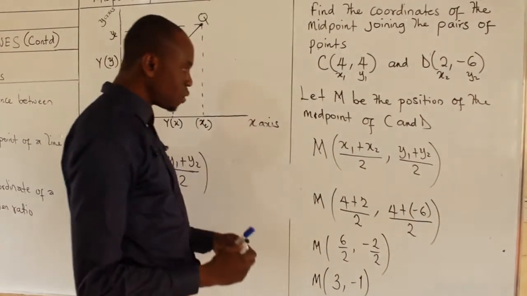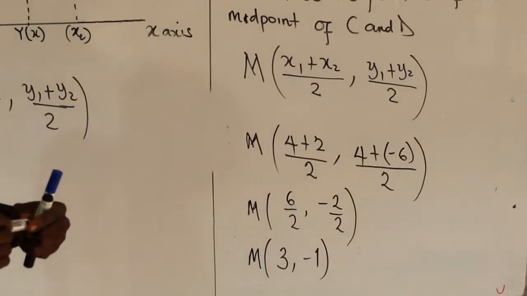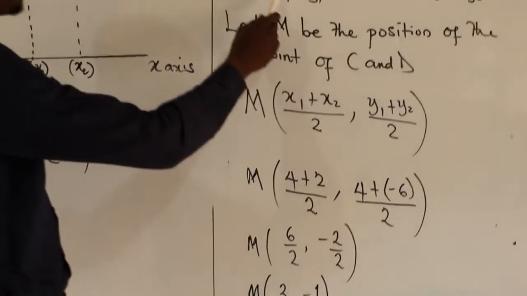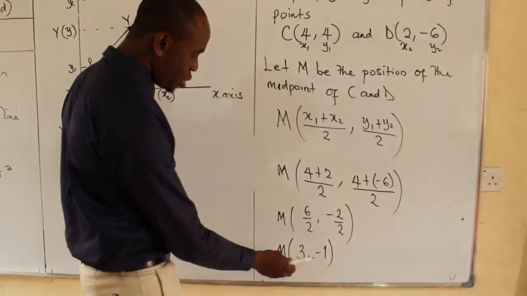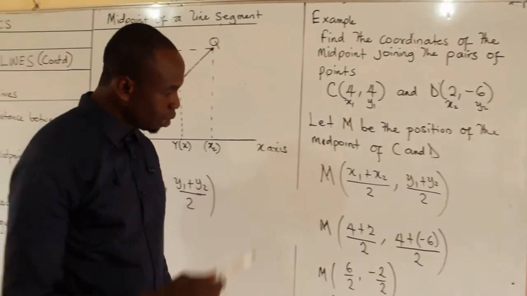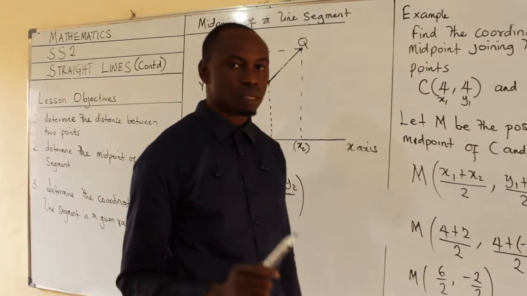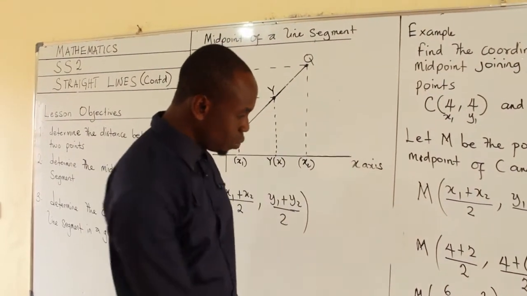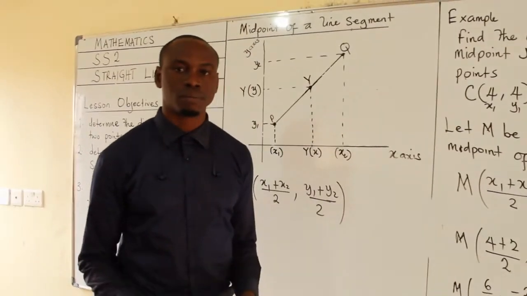So the coordinates of the midpoint of C and D, which had coordinates (4, 4) and (2, -6), is (3, -1). I bet you if you plot the graph and locate the midpoint and find its coordinates, you will get 3 and minus 1.